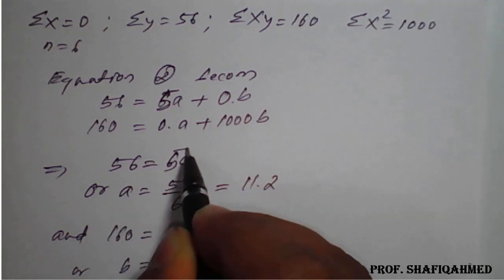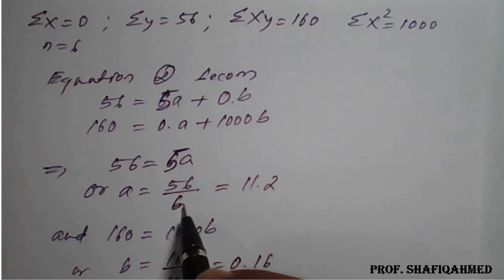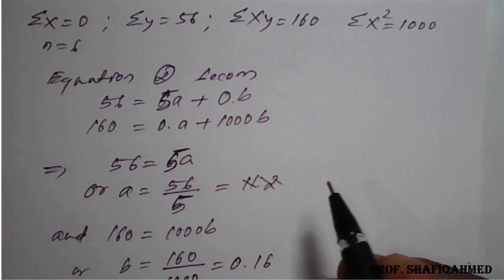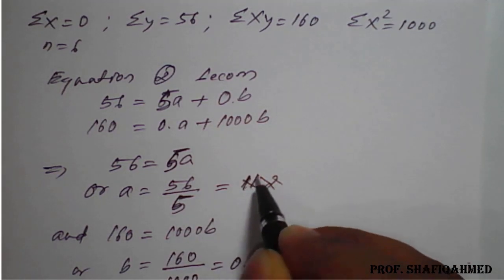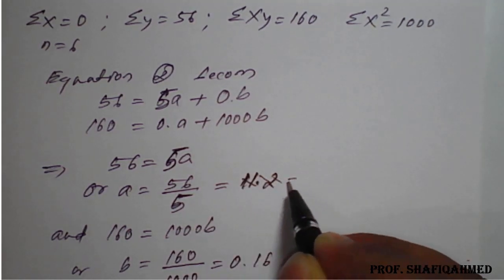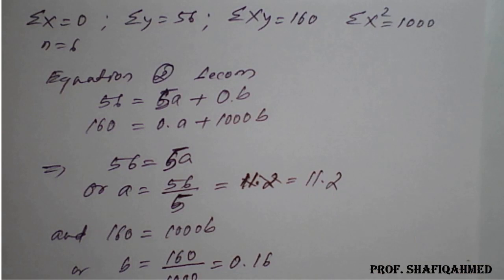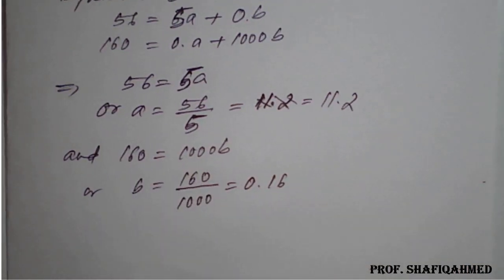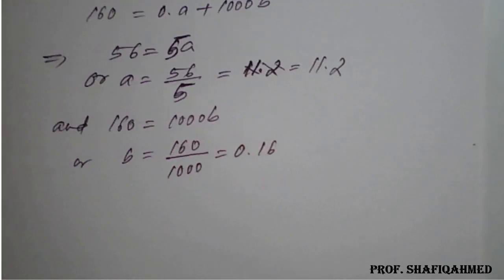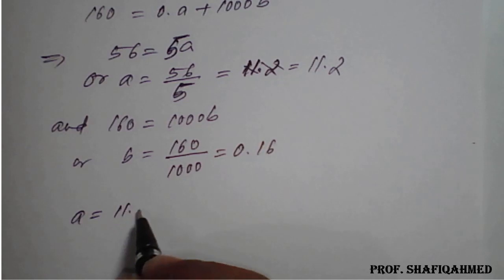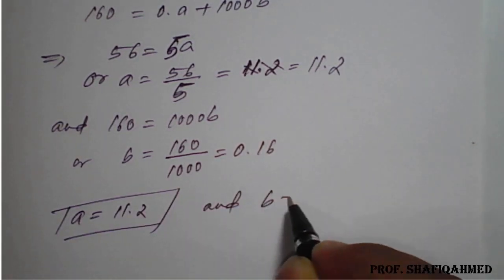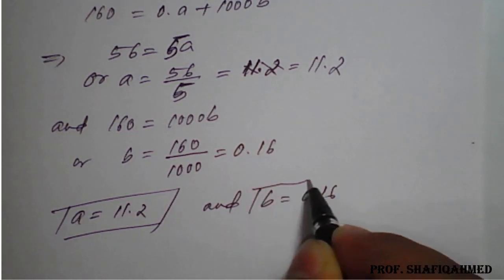So here the answer is the same, 11.2. I will write 11.2, and this is also 160 divided by 1000, so this is no problem. So I will rewrite: a is 11.2 and b value we got is 0.16.